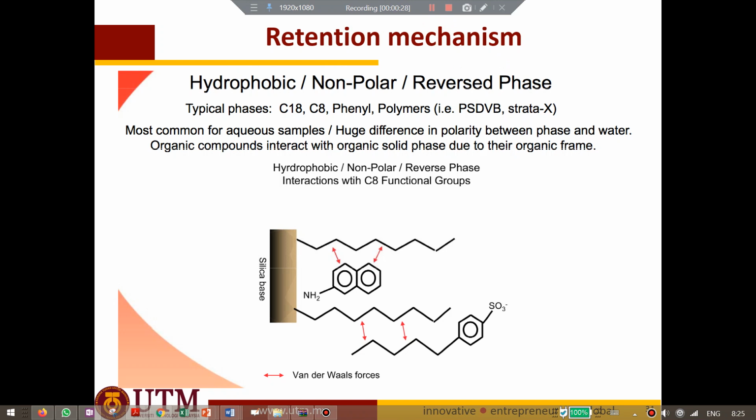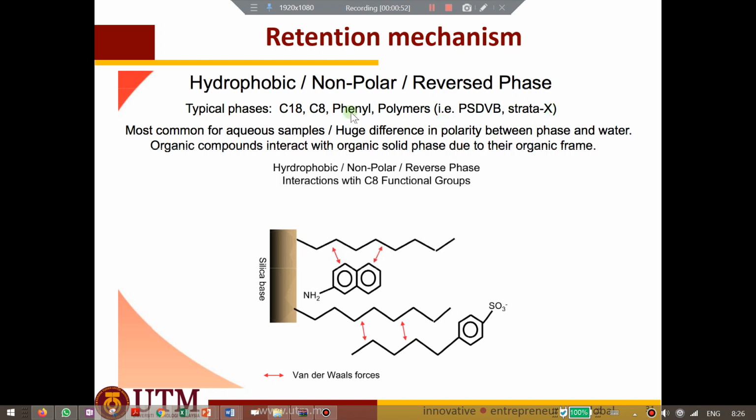If the stationary phase or the particles inside the column are non-polar, we also call that reverse phase SPE. So the typical phases are C18, C8, phenyl, polymers. These are examples.